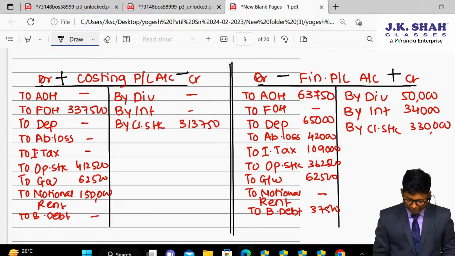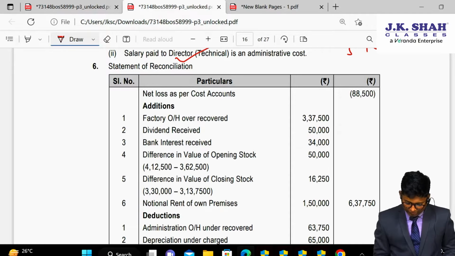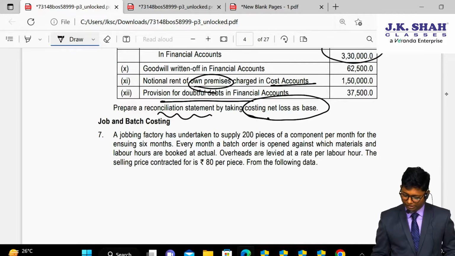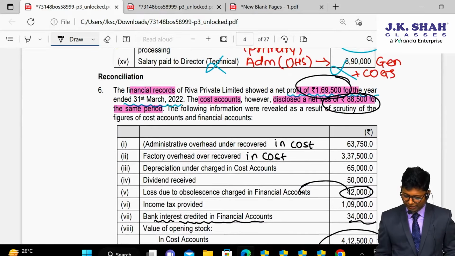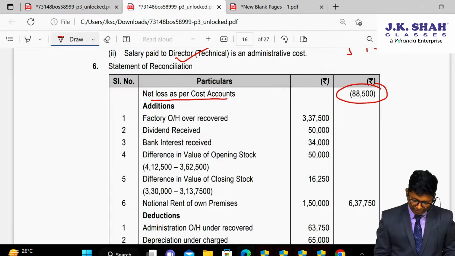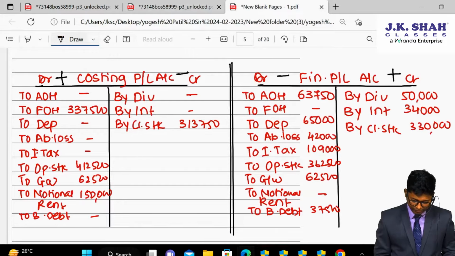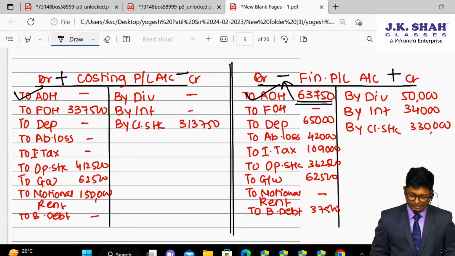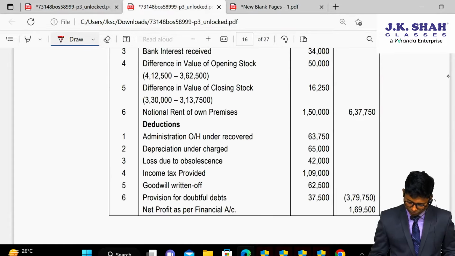Now if you check the suggested answer, they have started with the net loss as per cost account, and net loss is recorded 88,500, which was given in the beginning of the question. Now let's compare each and every item which we have recorded here. Now when you compare admin overhead 63,750, and above that sign which is given and recorded is minus, you can check the suggested solution.